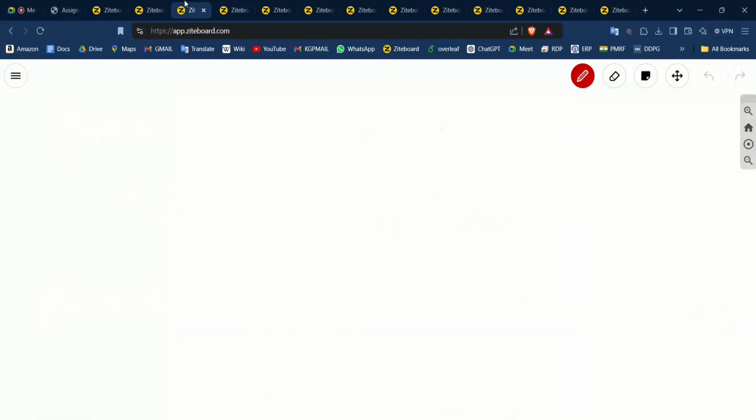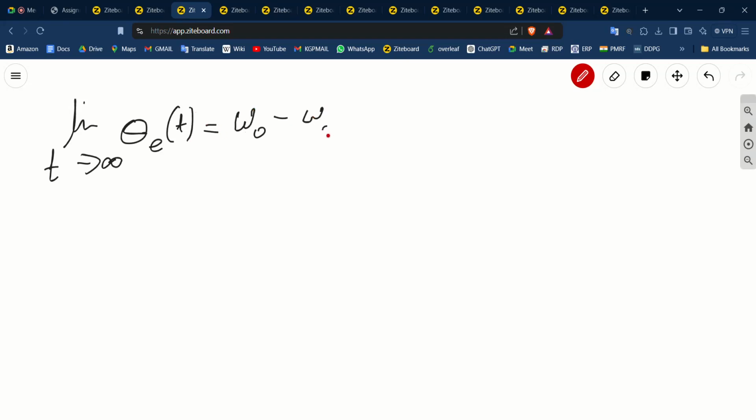So we know that in the steady state limit, t tends to infinity, theta e t, we have found it to be omega naught minus omega c.